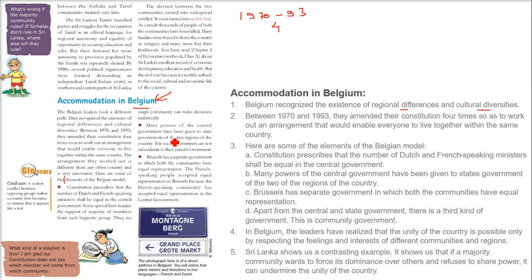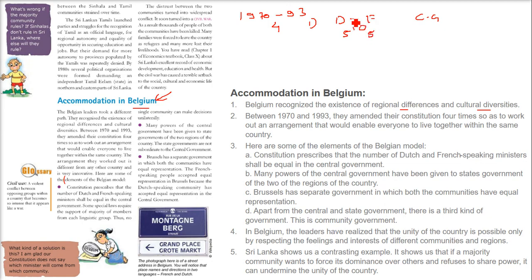What they followed was mainly, first, the constitution prescribed that the number of Dutch and French speaking ministers will be equal. That is, in the central government, if you have 10 ministers, 5 will be Dutch speaking, 5 will be French speaking.